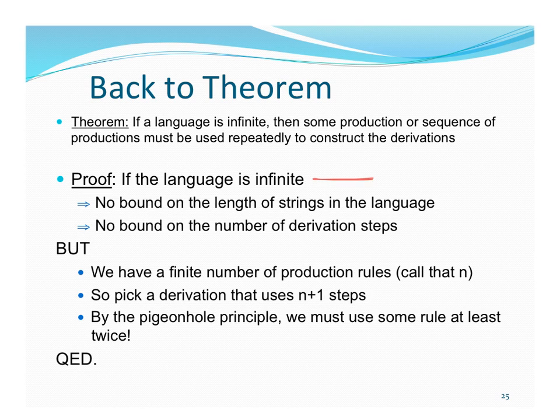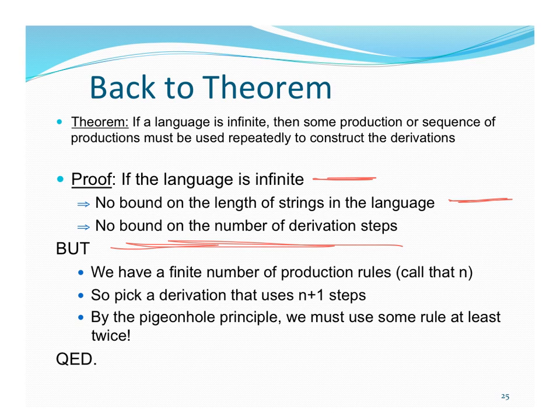If we assume the language is infinite, then there's no bound on the length of strings in the language. Strings can be as long as we want, right? Arbitrarily long. But that means if a string can be arbitrarily long, then there cannot be a bound on the number of derivation steps that we need to take in order to derive that string, right?